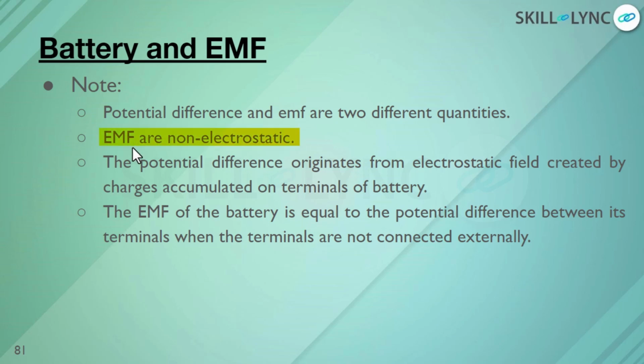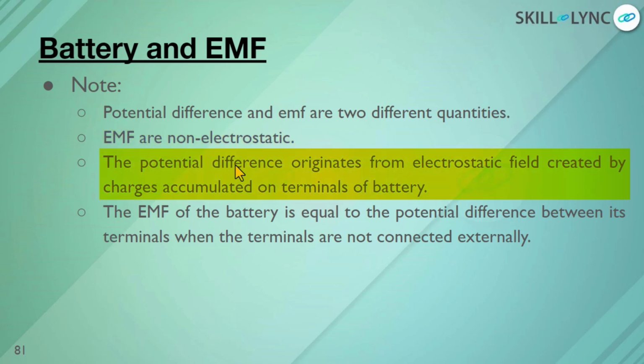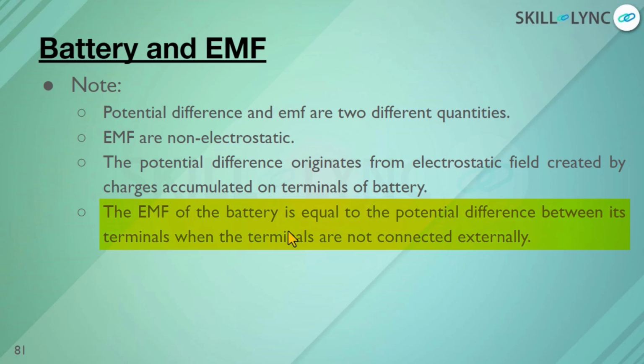EMF, that is electromotive force, is non-electrostatic in nature. The potential difference originates from the electrostatic field created by the charges accumulated on the terminals of the battery. The EMF of the battery is equal to the potential difference between its terminals when the terminals are not connected externally.